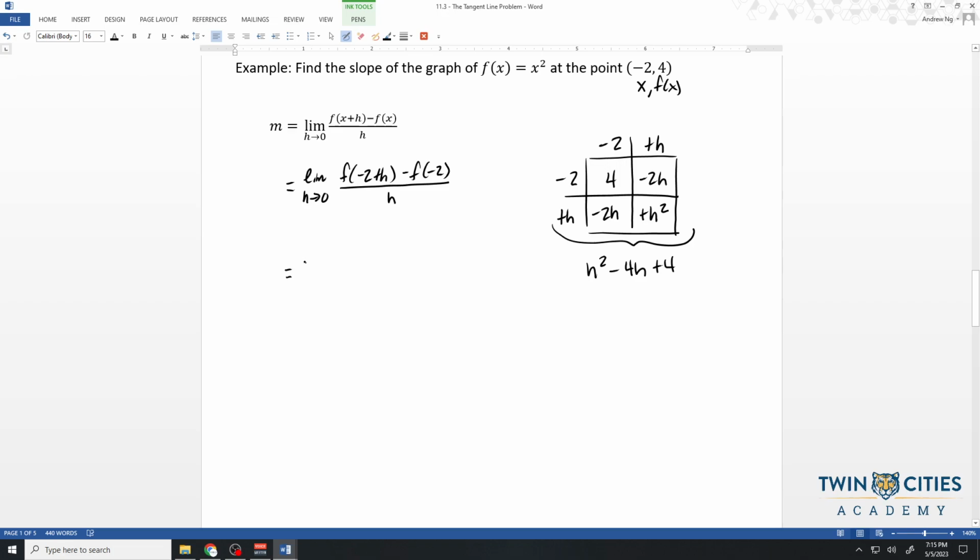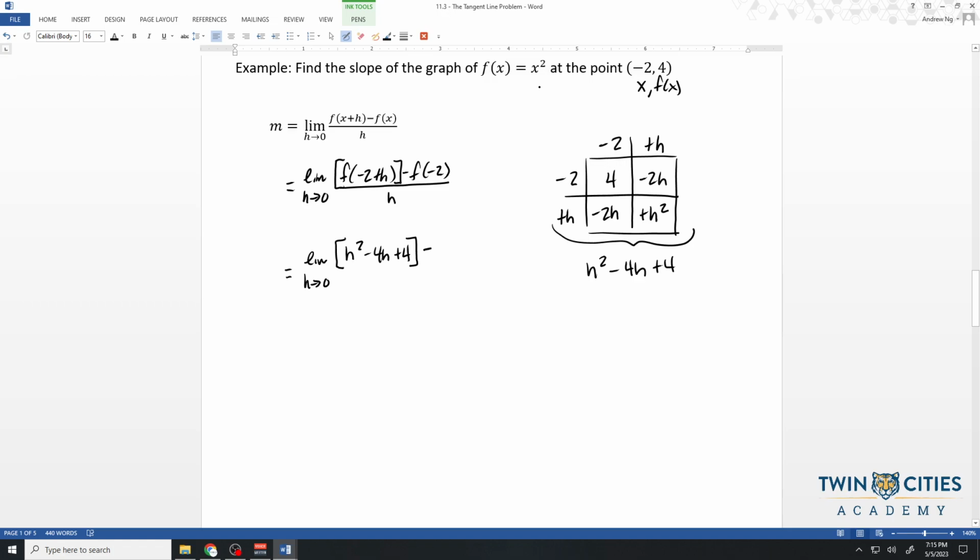So I'll say this is equal to the limit as h approaches 0 of h squared minus 4h plus 4. This is the first part right here, minus f of -2. Now what I could do is say f of x is x squared, so f of -2 means -2 squared, and evaluate that here. -2 squared would be 4.